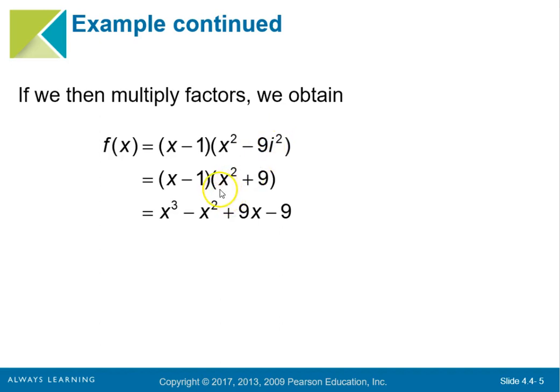So this becomes x squared plus 9. Then we multiply through by the x minus 1. So through the whole thing, we wind up with x to the third minus x squared plus 9x minus 9. I'll show this on a worked out solution in a different video.